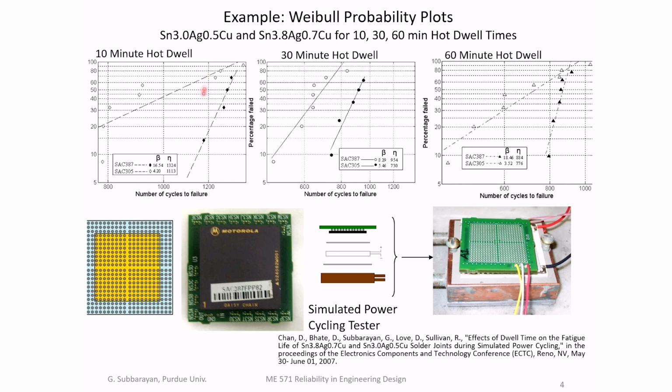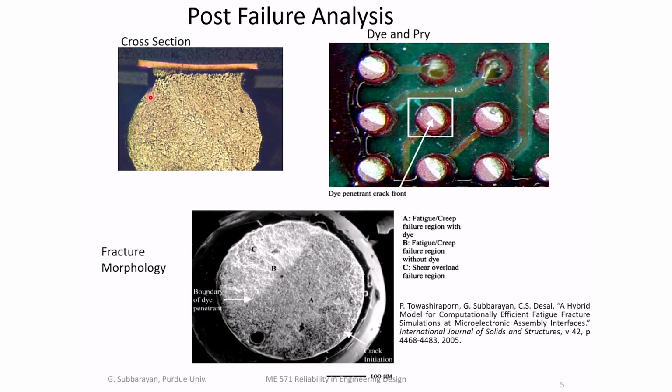Okay, how to go about fitting this data, how to analyze it, how to determine whether the fit is a good one or not. So we'll learn to do that in this course. What we won't do in this course is what's called post-failure analysis, where we study in depth the failure phenomena to understand the physical causes of failure.